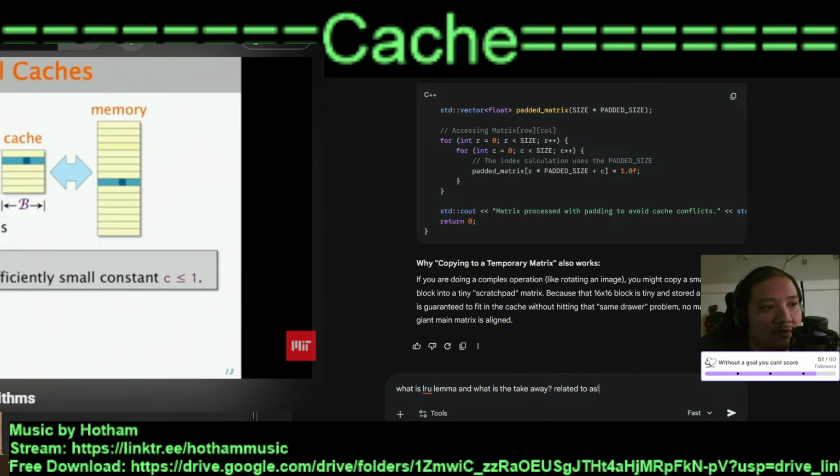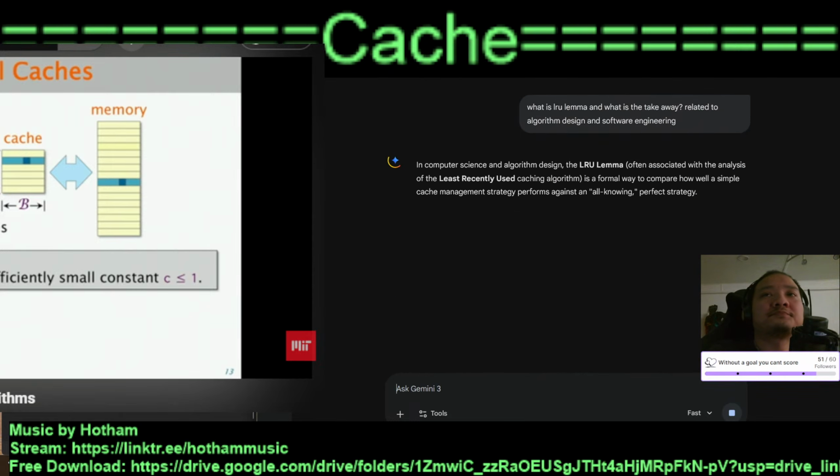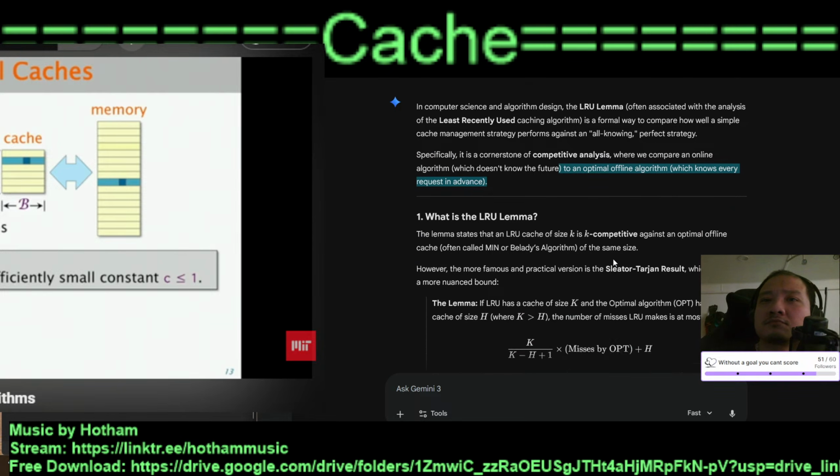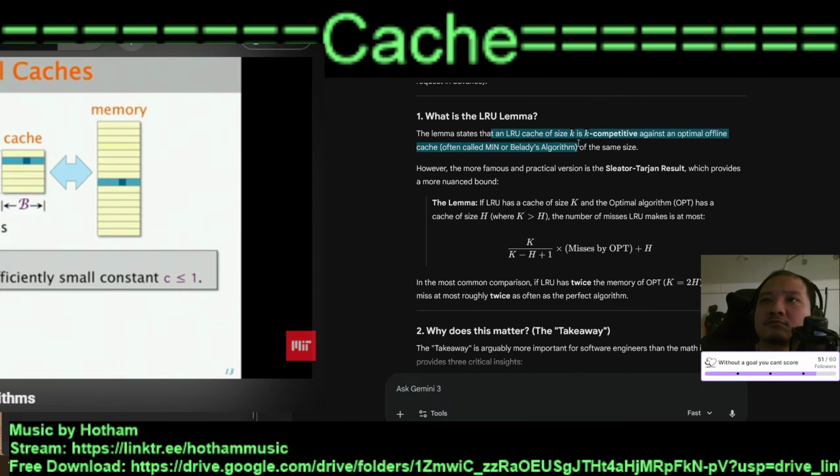Related to algorithm design and software engineering.